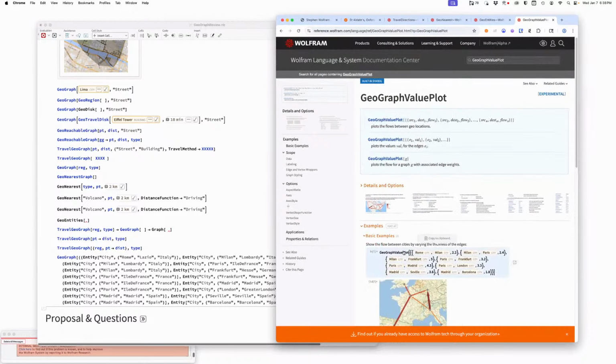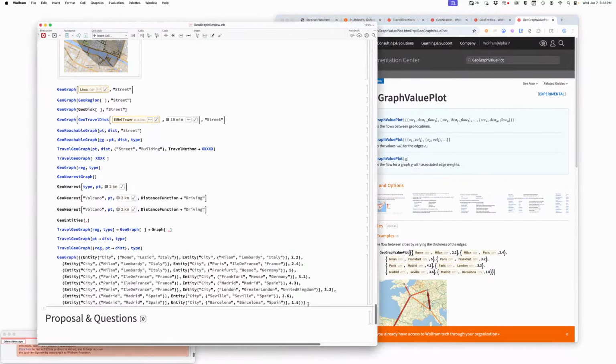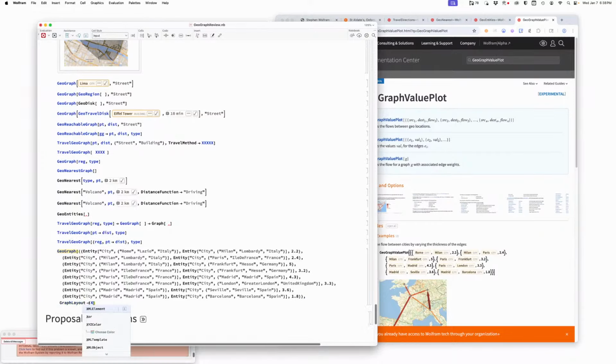Okay. Well, what knows here? So, I mean, how do you specify that in GeoGraph value plots? I mean, GeoGraph plot has a graph layout. So perhaps we just store the graph layout as an option of the GeoGraph. Yeah. I don't know if that's the right word for it, but yes, an option here.